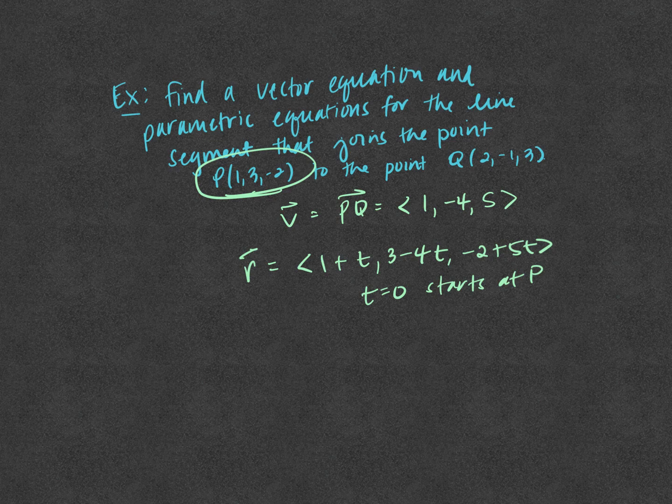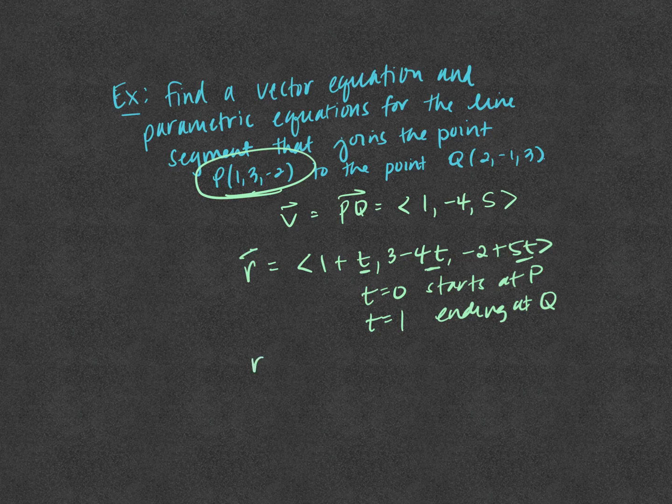And if we plug 1 in for t, then we're going to get the ending at Q. Let's check that. If we put 1 in for t, 1 plus 1 is 2, the x value of Q. 3 minus 4 is negative 1, which is the y value of Q, and negative 2 plus 5 is the z value of Q. So it works out that way.